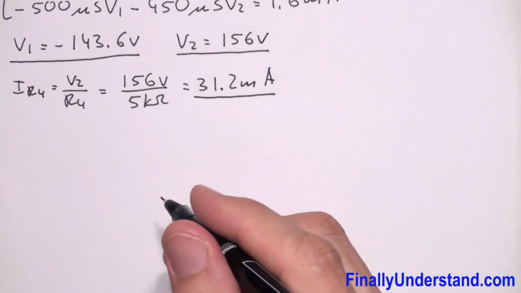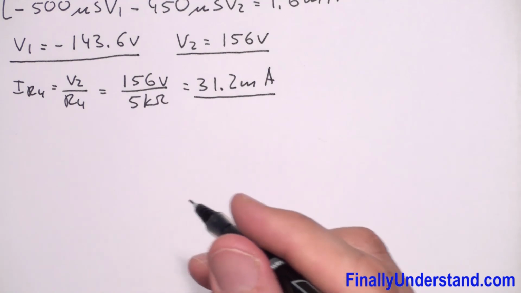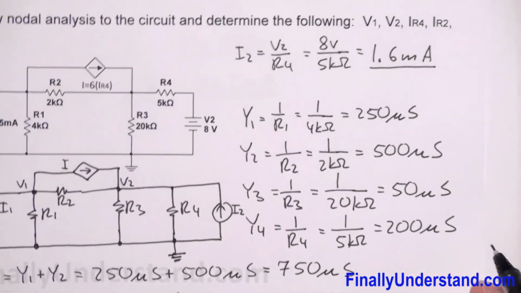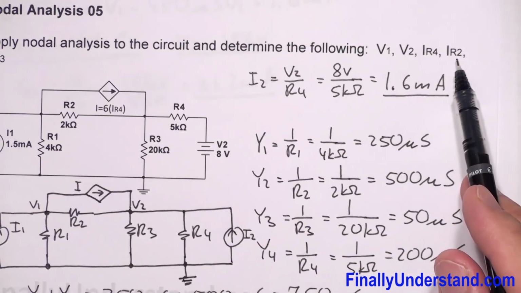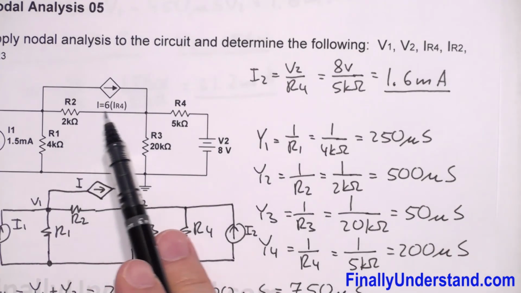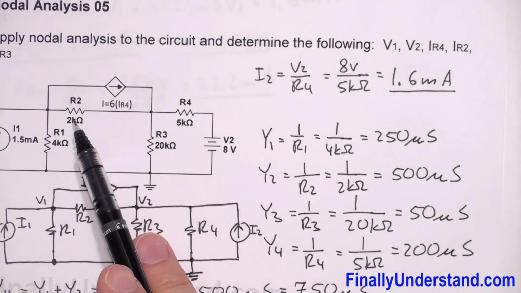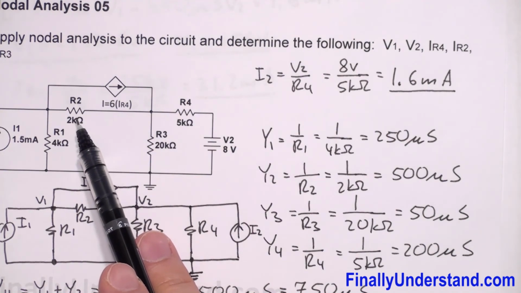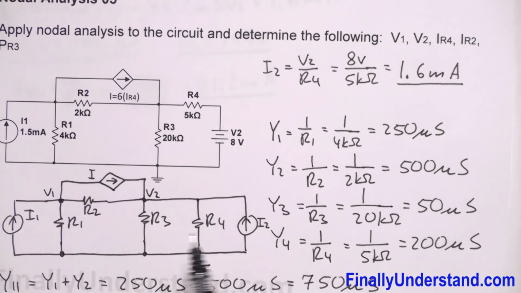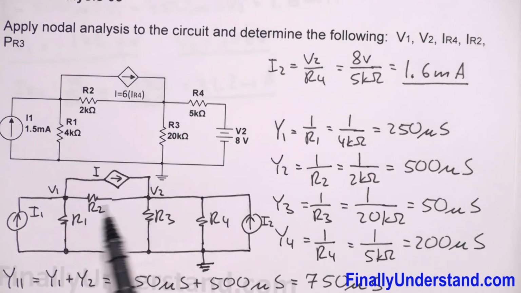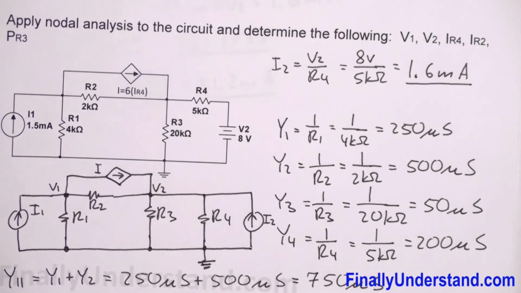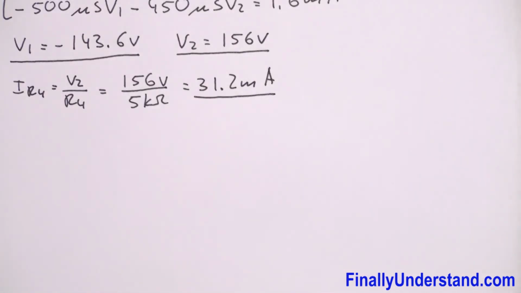Next, I'm supposed to find the current which goes through the resistor R2. I have to find the current which goes through this resistor. So in order to find the current, I'm supposed to find the voltage across this resistor. Voltage across this resistor is the difference of these two voltages. So I'm going to write the formula first.